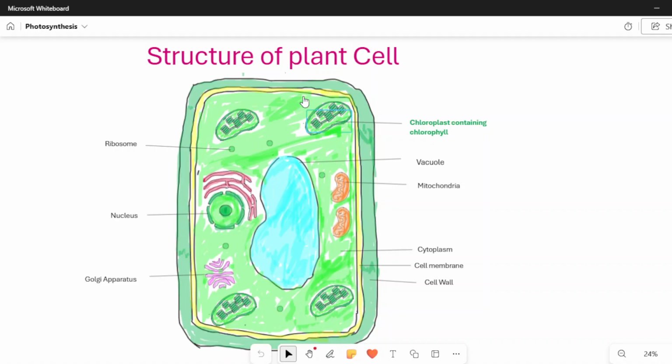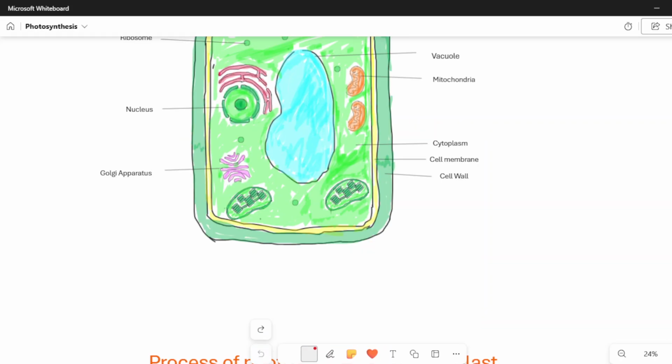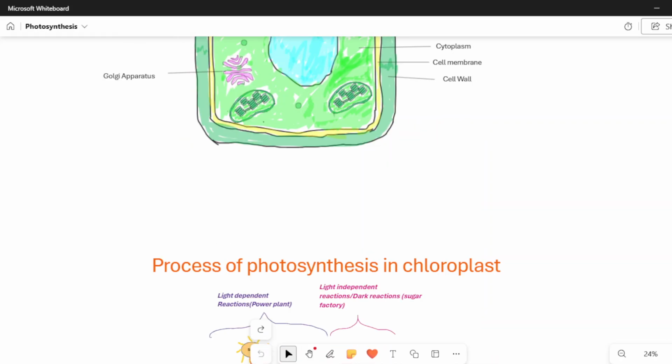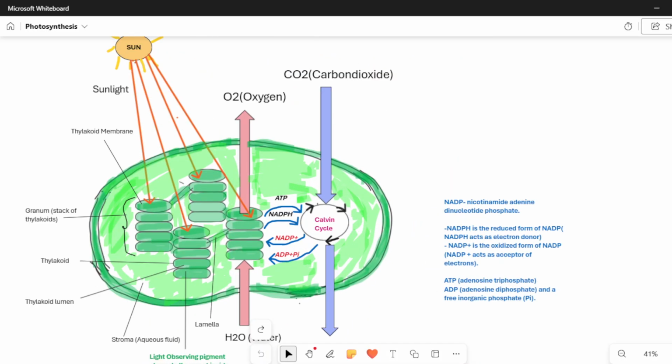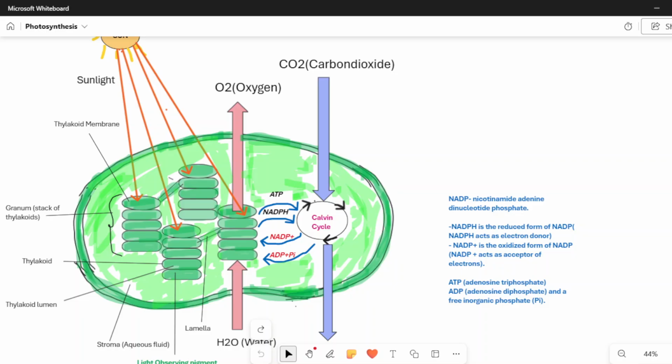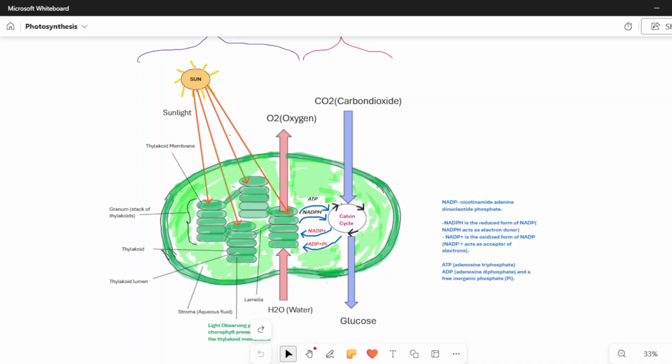Now, let us zoom into this and try to understand the photosynthesis process. Okay, now I'm going further down and trying to zoom into the chloroplast. So this is the organelle which we were seeing above. So hope you are able to see this.